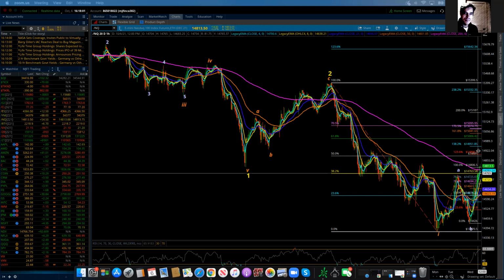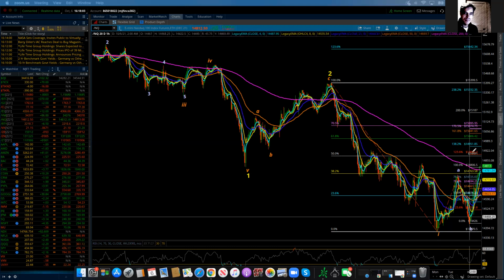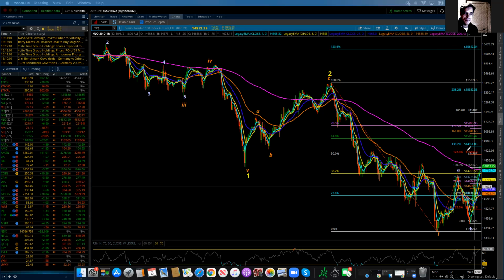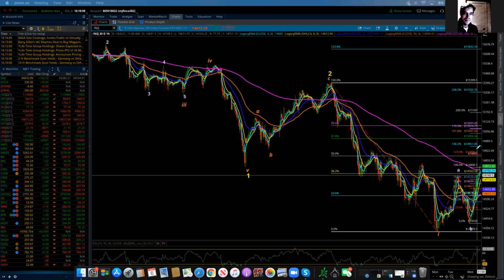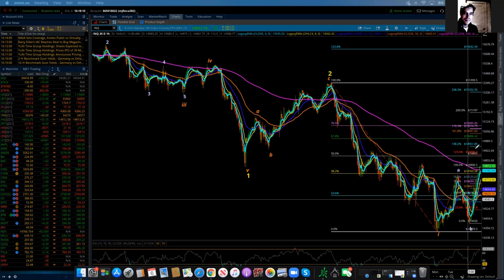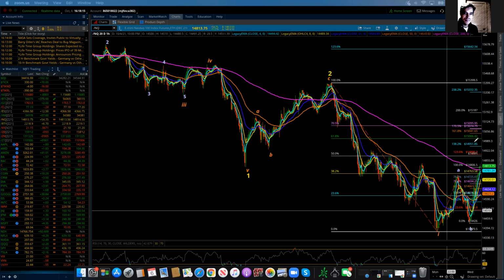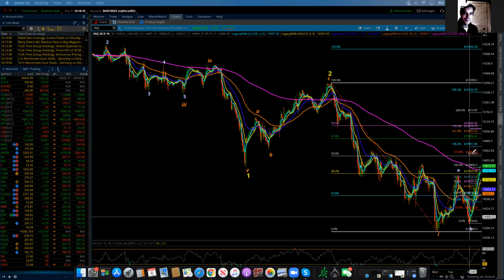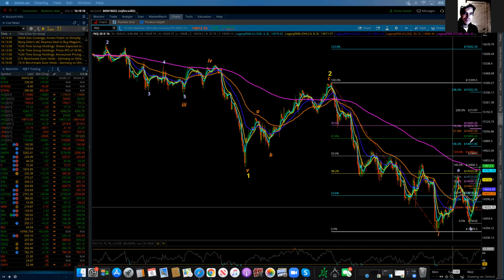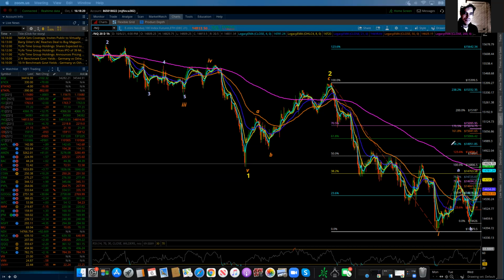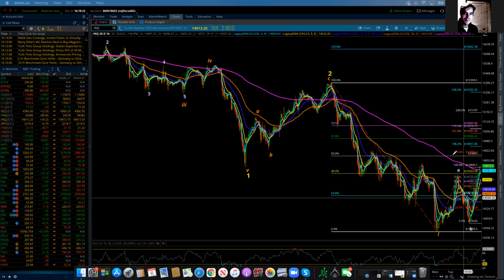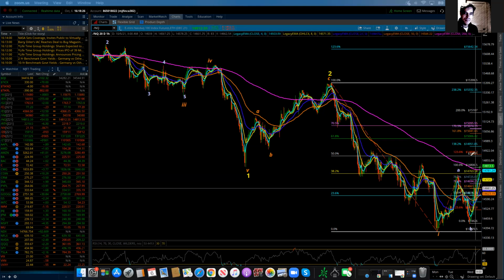Before that, though, we do have a small cluster at 14,885 to 14,896. So just about to 14,900. And that may complete it. If not, that zone can go from 14,885 to 14,952. That would be the zone that I think contains and completes this wave 2.